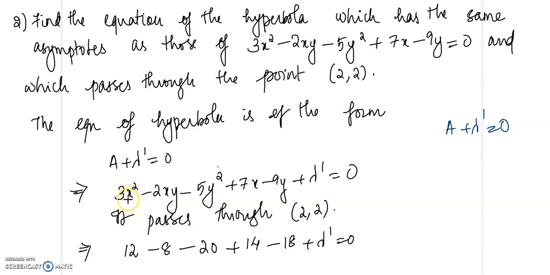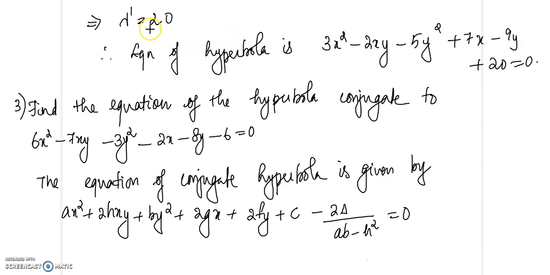So that will give 12, plus 12, minus 8, minus 20, plus 14, minus 18, plus lambda dash equal to 0. So upon simplifying, you will get lambda dash equal to 20. Therefore the required equation is 3x square minus 2xy minus 5y square plus 7x minus 9y plus 20 equal to 0.